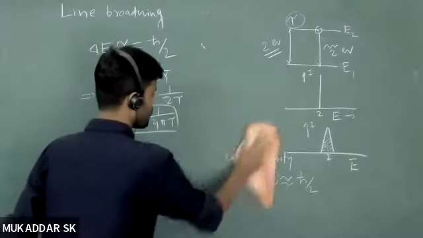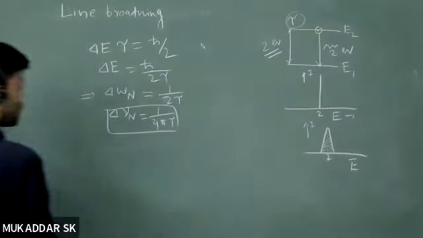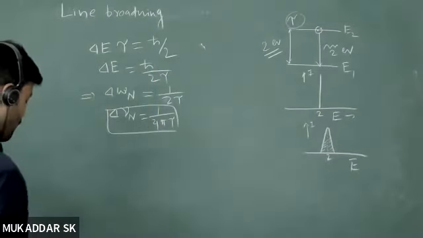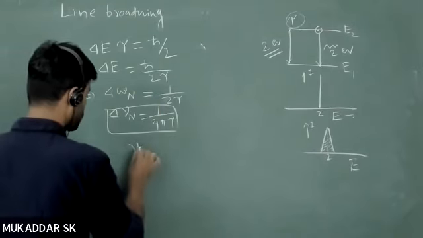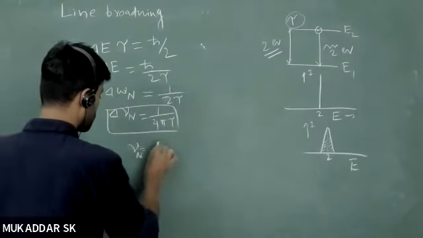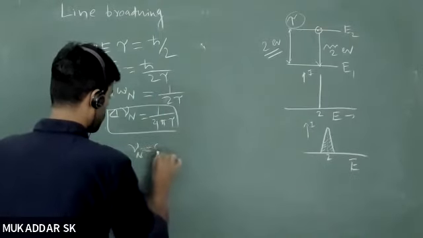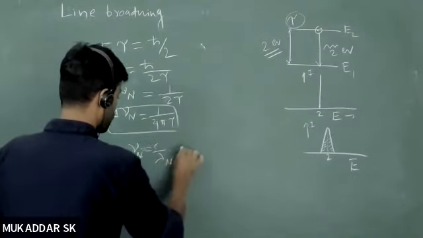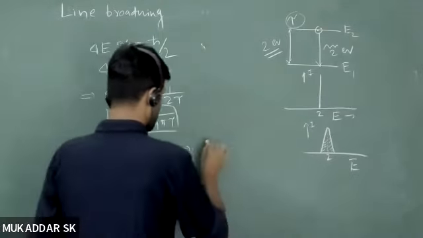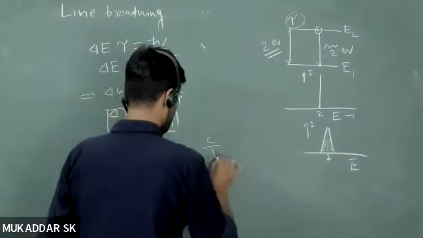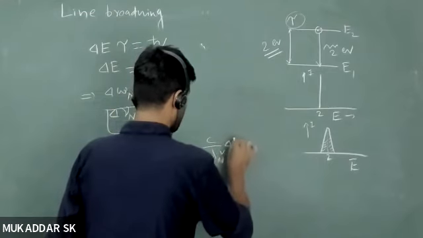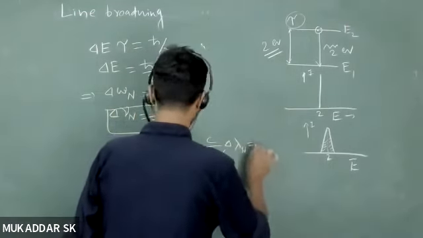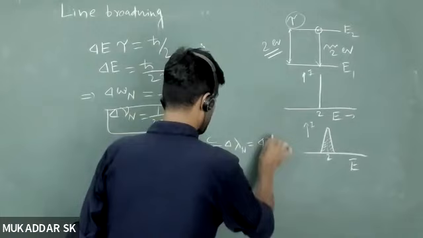So this is the uncertainty in frequency, and you can also calculate in terms of lambda, because nu n equals c by lambda n. What can we write? c by lambda n square into delta lambda n should equal delta nu n.